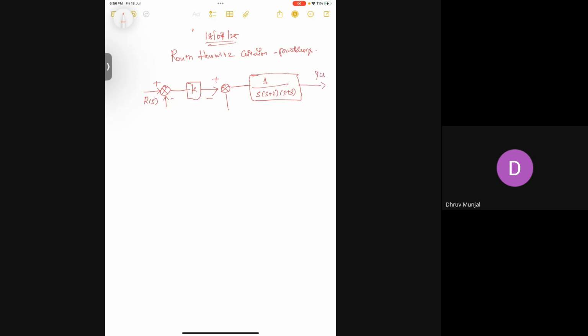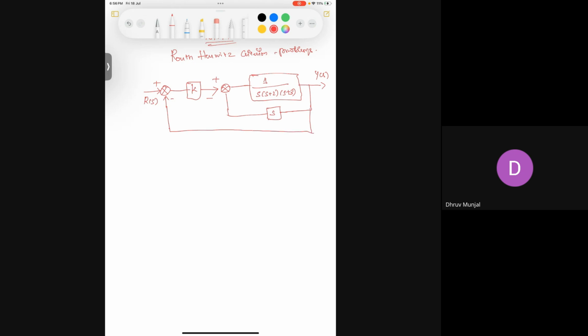Then y of s. There is an inner loop which is also a negative feedback, but instead of 1, it has a feedback of s. Good. Little complex problem. Then there is an outer loop that has only negative feedback.